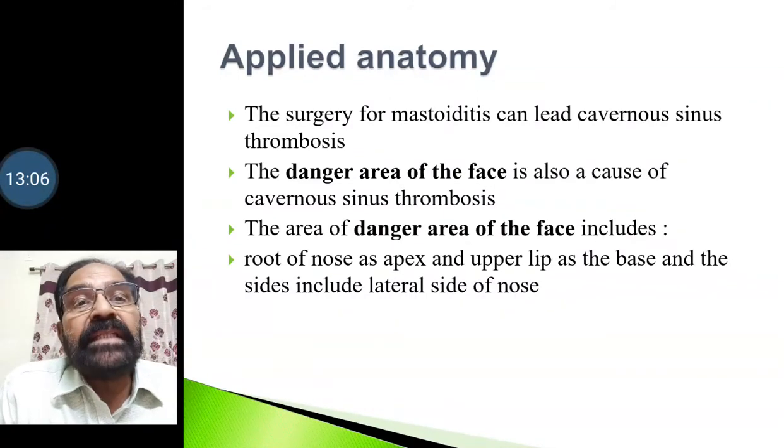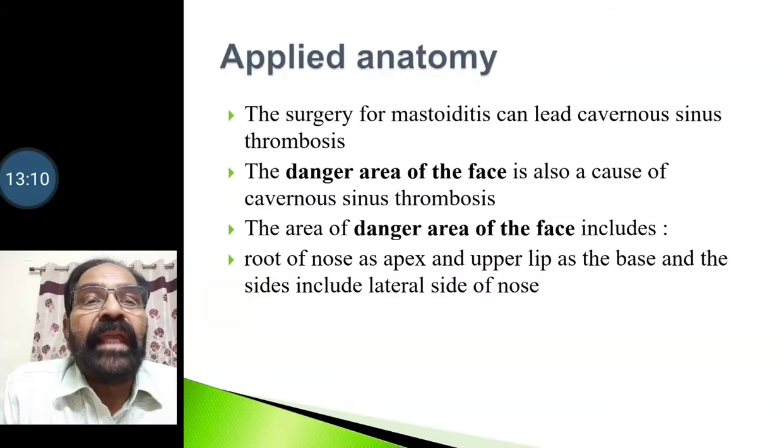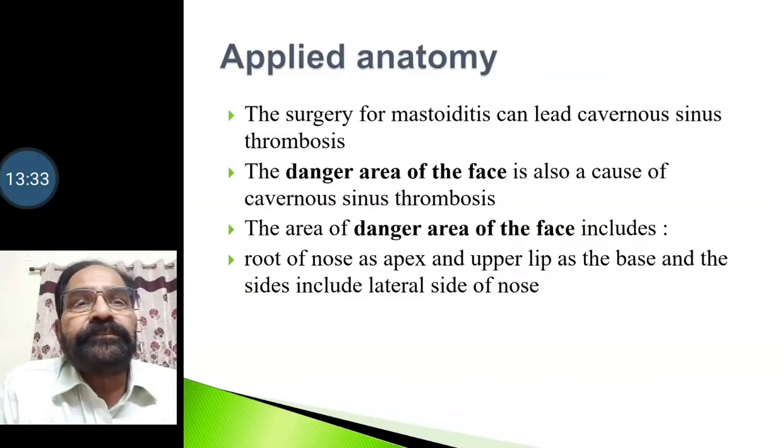The dangerous area of the face includes the root of the nose as the apex and the upper lip as the base, and the sides of the nose are included in this. So it is a triangular area with the apex at the root of the nose and the base at the upper lip, and it includes even the lateral sides of the nose. So that is called the dangerous area of the face.